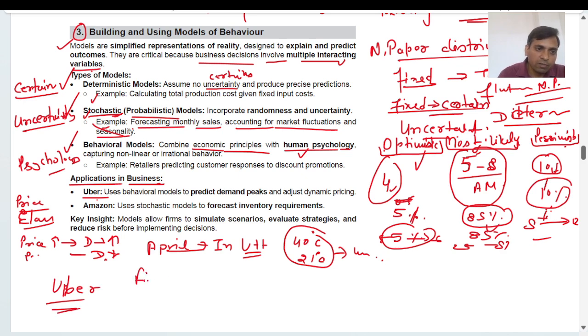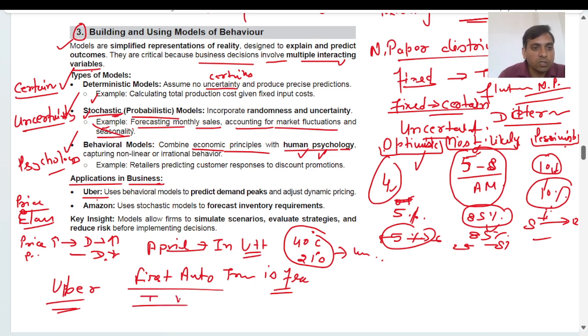First auto travel is free. What is this? This is to attract customers, behavior wise, human psychology. Because we are getting a free service, a free ride one time, so we will use Uber.